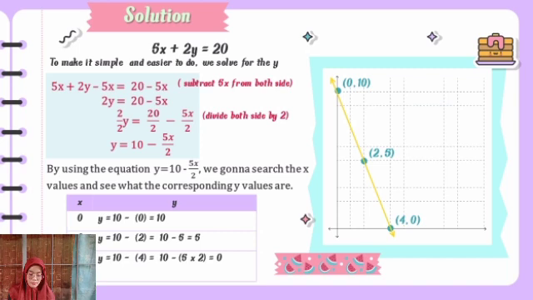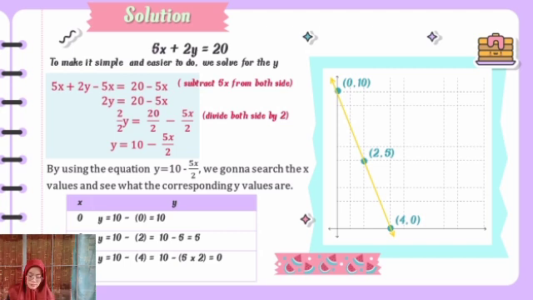Next, for 5x plus 2y equals 20, to make it simple and easier to do, we solve for y. So 5x plus 2y minus 5x equals 20 minus 5x. Subtract 5x from both sides.